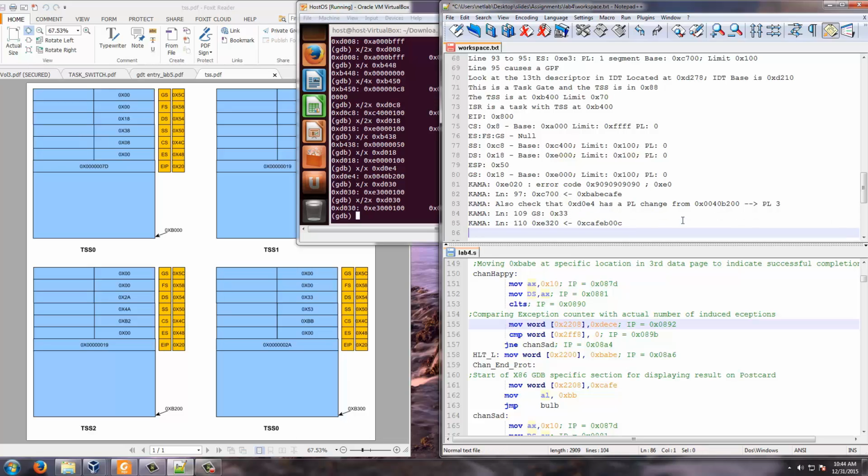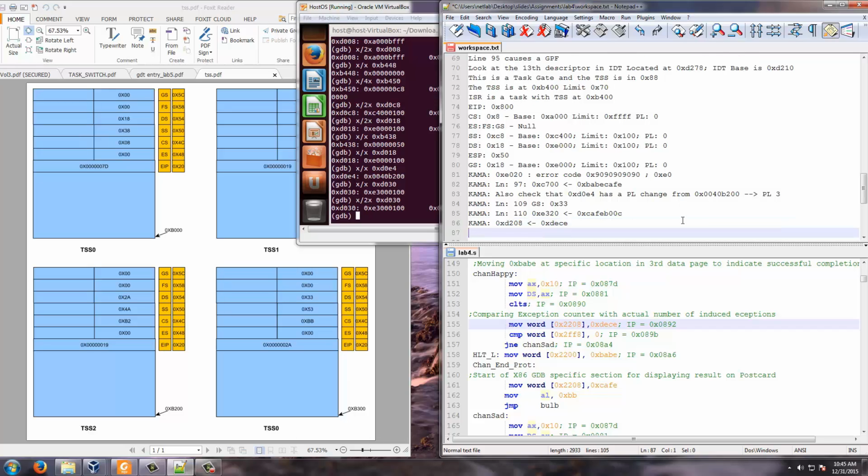Okay, right? So from there, when you see here, we see that your D208 should become 0x DECE.